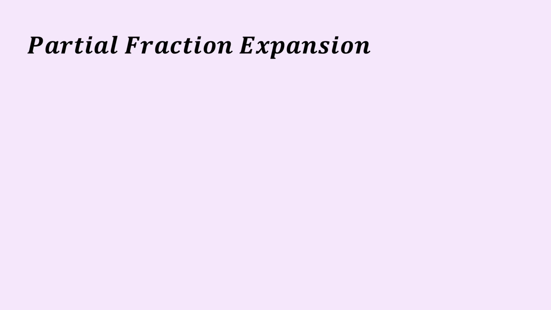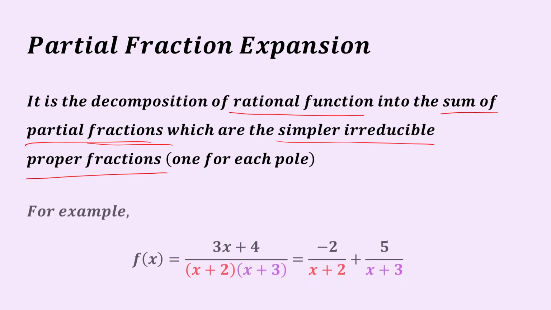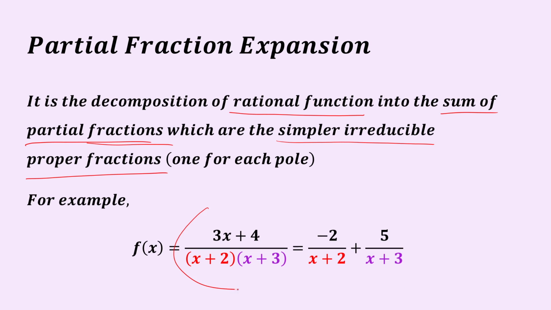Partial fraction expansion is actually the decomposition of a rational function into a sum of partial fractions. These partial fractions are basically simpler irreducible proper fractions which cannot be further subdivided. As in the example of this function, we can see that this complete rational function is shown as a sum of these two irreducible proper fractions.